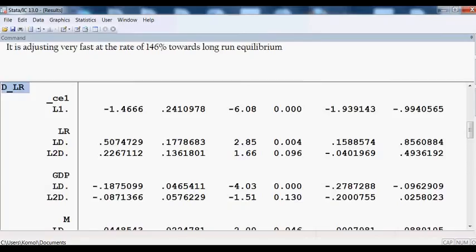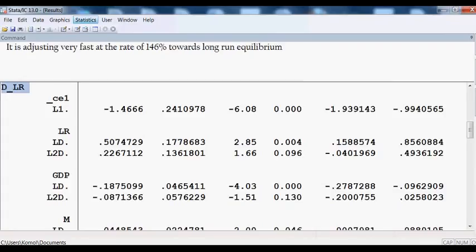That means I can use it here to check the short run effect from GDP to LR, right? Okay, so how to check the short run effect?